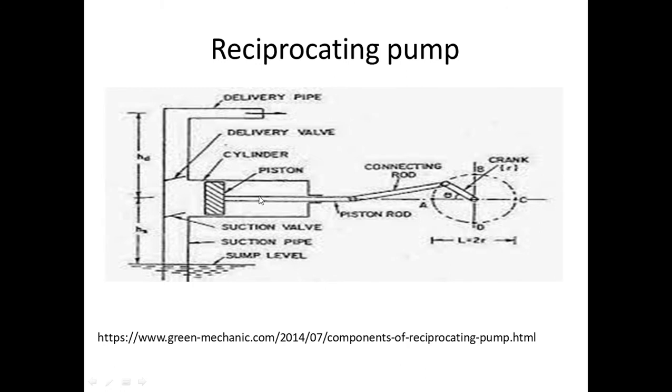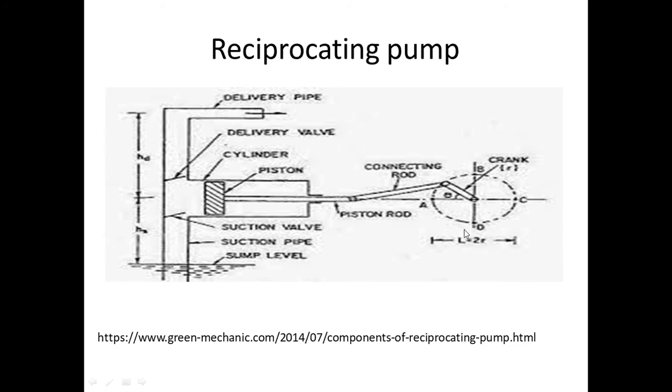Because of that oscillation, reciprocating action of the piston occurs, and when it moves in this direction, it decreases the pressure on this side, and because of that this valve is closed and this valve is opened. So suction of fluid takes place and fluid comes into this portion.